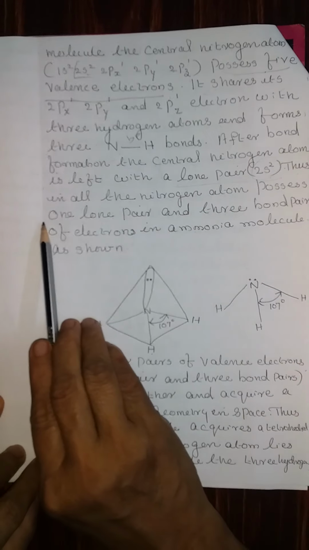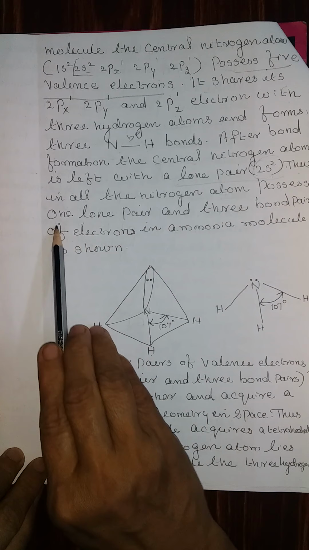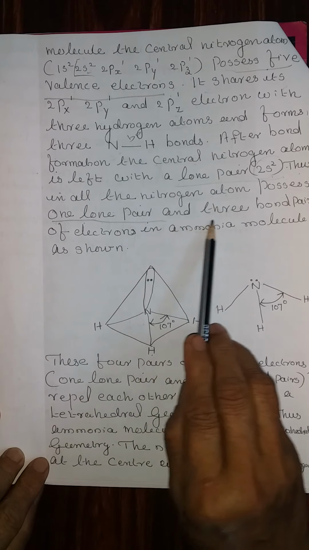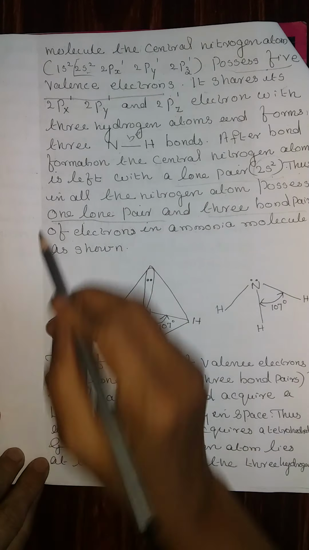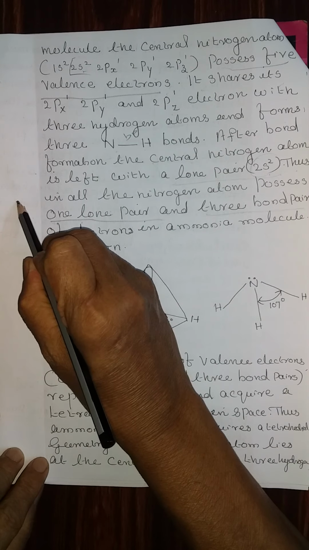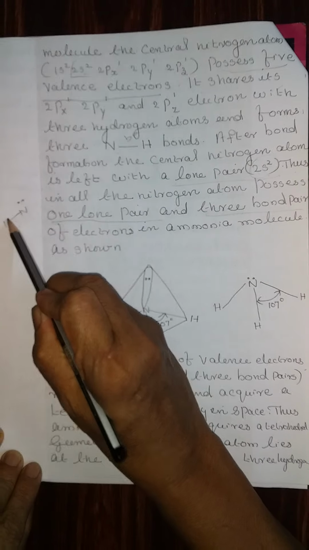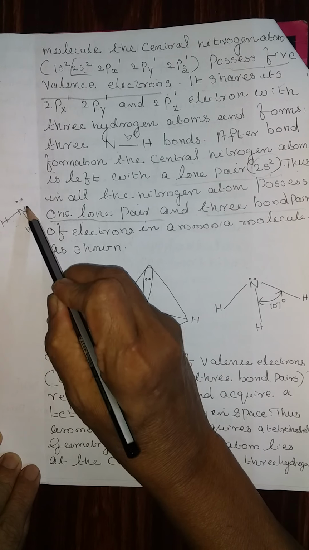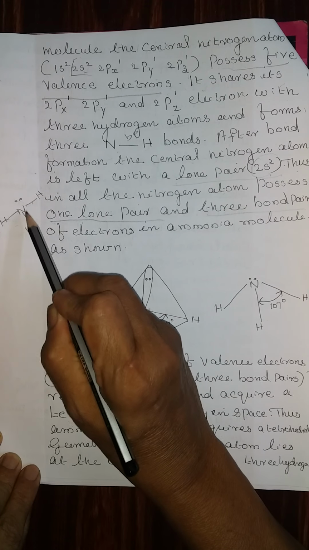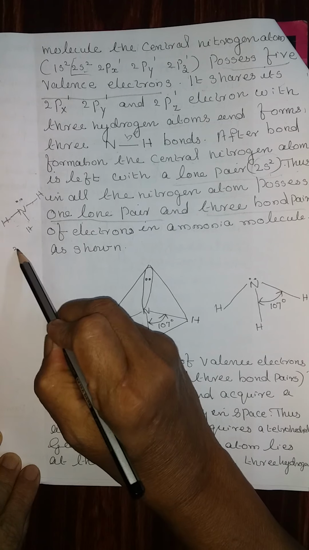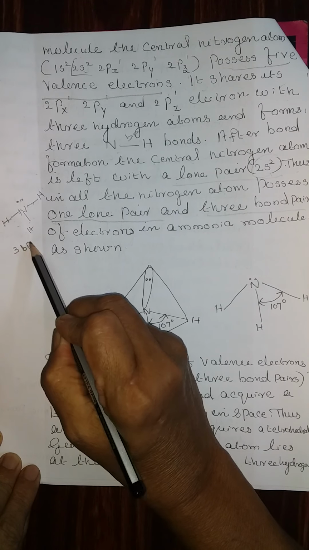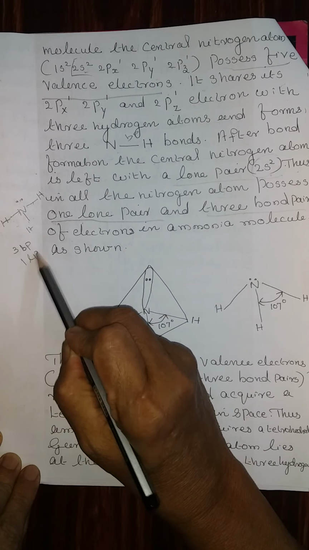Thus, in all, the nitrogen atom possesses 1 lone pair and 3 bond pairs. That means in the ammonia molecule, one lone pair is there, and the 3 bonds with hydrogen. 1, 2, 3 bond pairs and 1 lone pair.